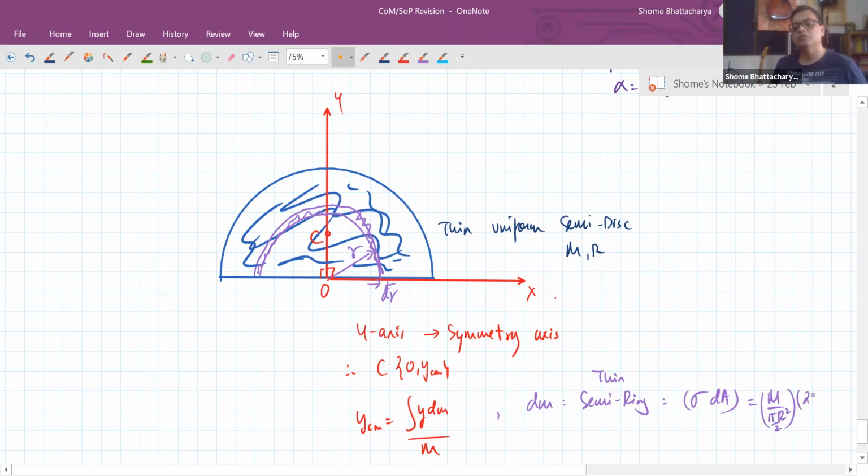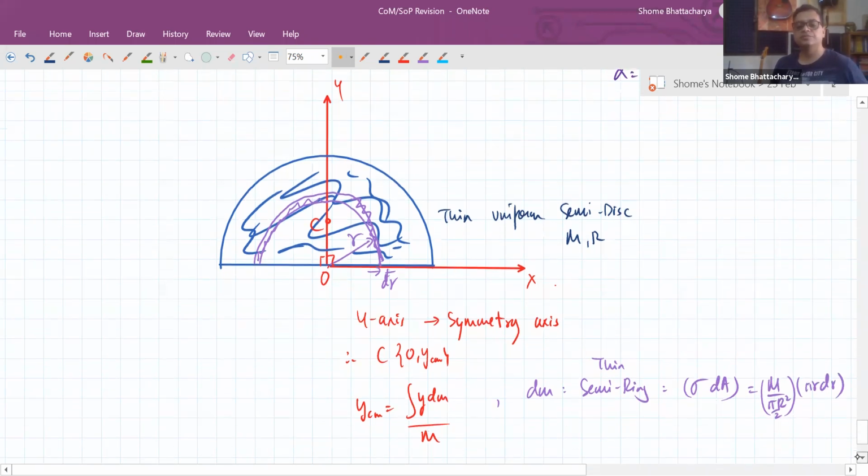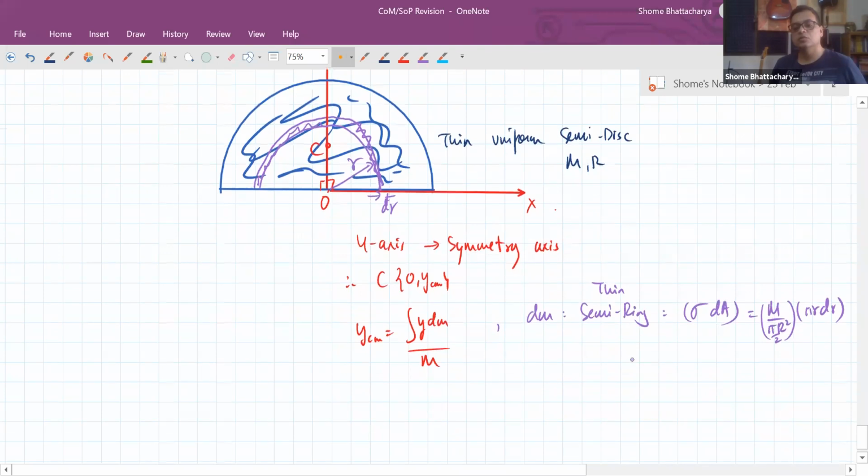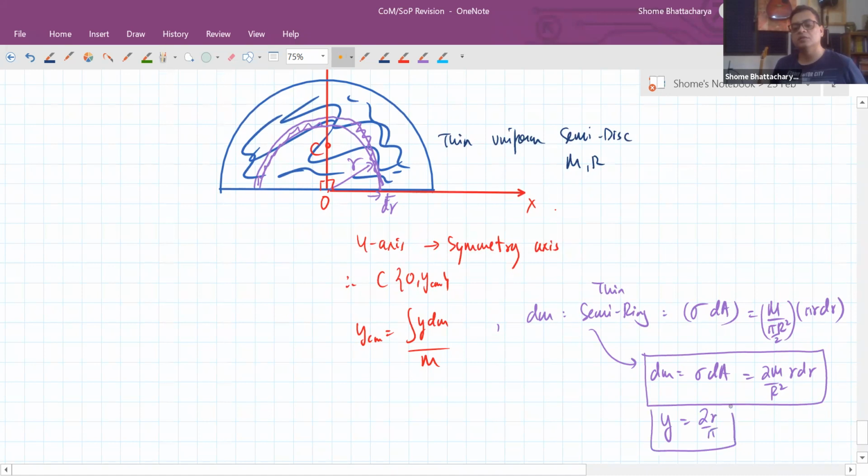And the area of the ring will become pi r, that is the length, into the thickness. So dm, which is sigma dA, becomes 2m upon r square into r dr. And the y coordinate of this mass dm center of mass is 2r by pi.